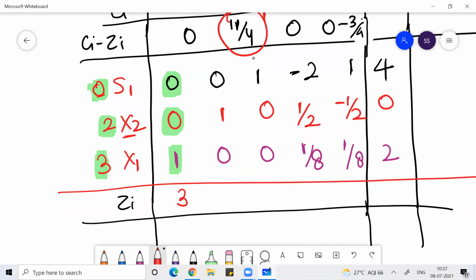Then 0 into 0 plus 2 into 1 plus 3 into 0. So this would be 2. Correct? Then the third one would be 0 into 1 plus 2 into 0 plus 3 into 0. That would be 0 only.